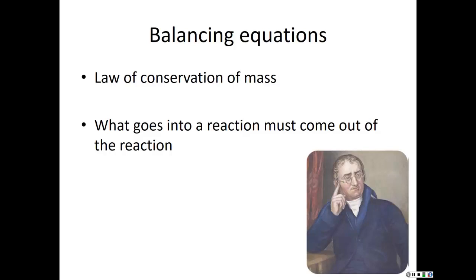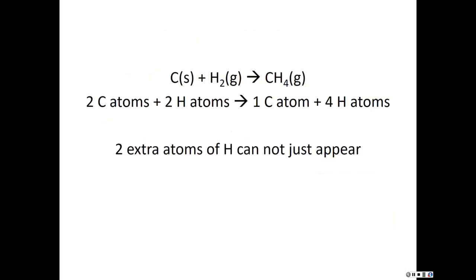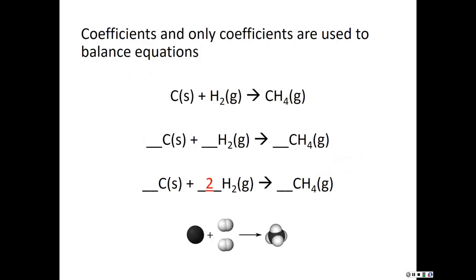So if I'm looking at my equation here, a few things to simplify this. Coefficients are the numbers that go in front of my elements and compounds. So there's one there, and one there. When we start out, if there's nothing written, it's always 1.